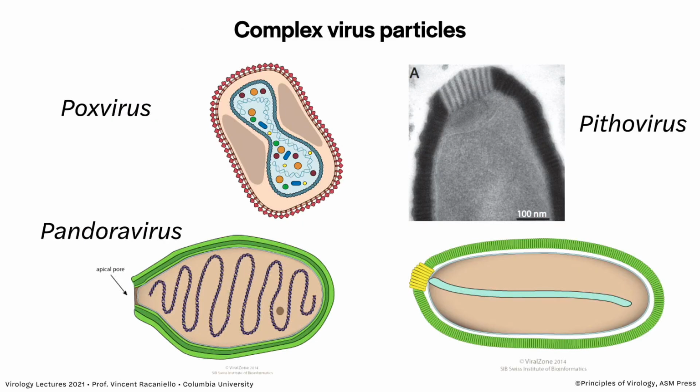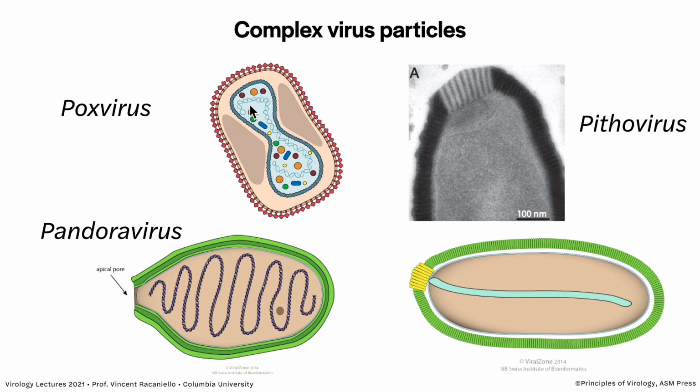And then, of course, we have our complex particles, which get short shrift because we really don't understand how they're built. And they range from poxviruses, where there's a membrane around it, but then the interior of the particle is packed with proteins. The double-stranded DNA exists in a structure in the middle of the particle that's covered with more protein.